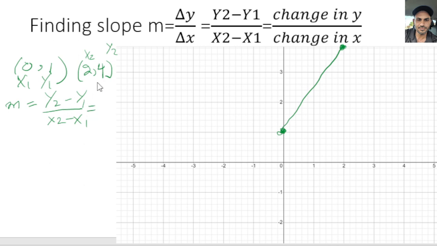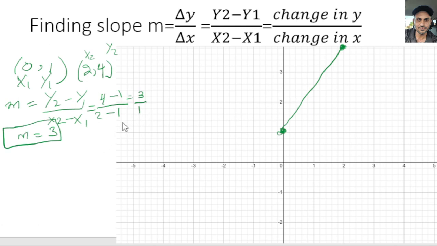So we plug in these values. For y2 we plug in 4, minus for y1 we plug in 1, divided by x2 which is 2, minus x1 which is 0. So this is equal to 3 over 1, so the slope is equal to 3.